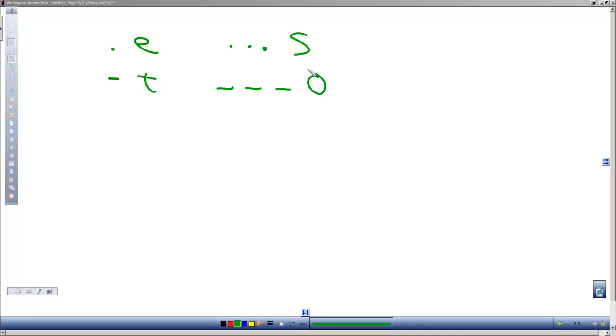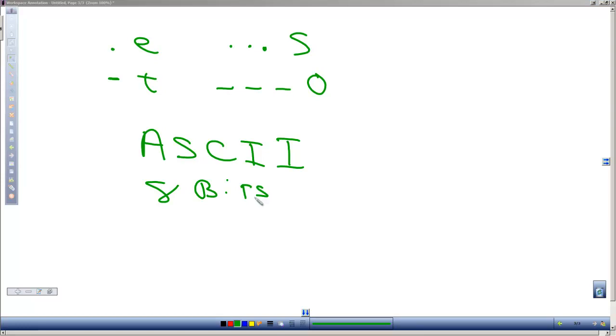Well, with computers, we use what is called an ASCII code in the US for English. The ASCII code uses 8 bits, and there is a 7-bit version of the ASCII code, and those 8 bits represent characters.